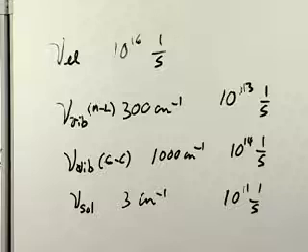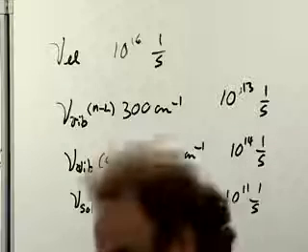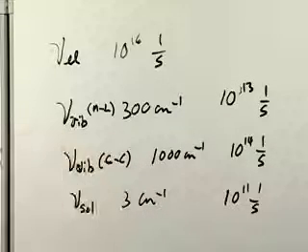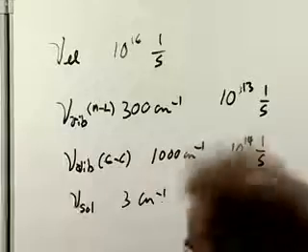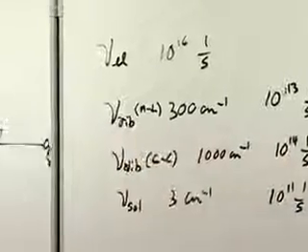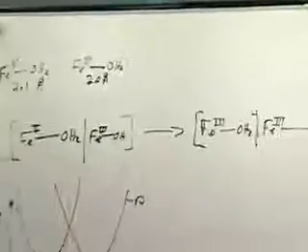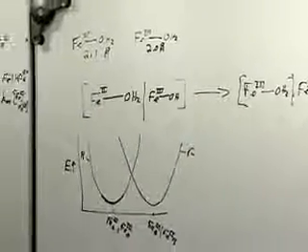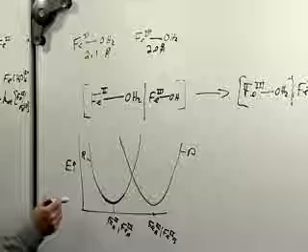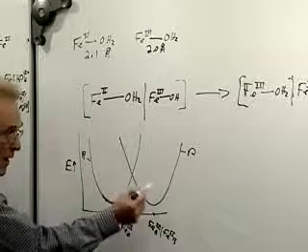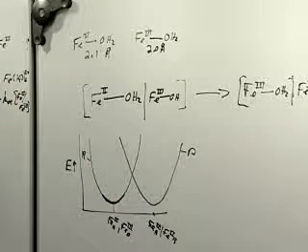And what that means when you have a large time scale is you basically can't couple those sorts of modes. The electron is going to move much, much faster than the nuclei are going to move, and so they're going to move independently. So what that says is that when the electron is going to move from one surface to the other, from the reactants to the products, it's going to move very, very rapidly.